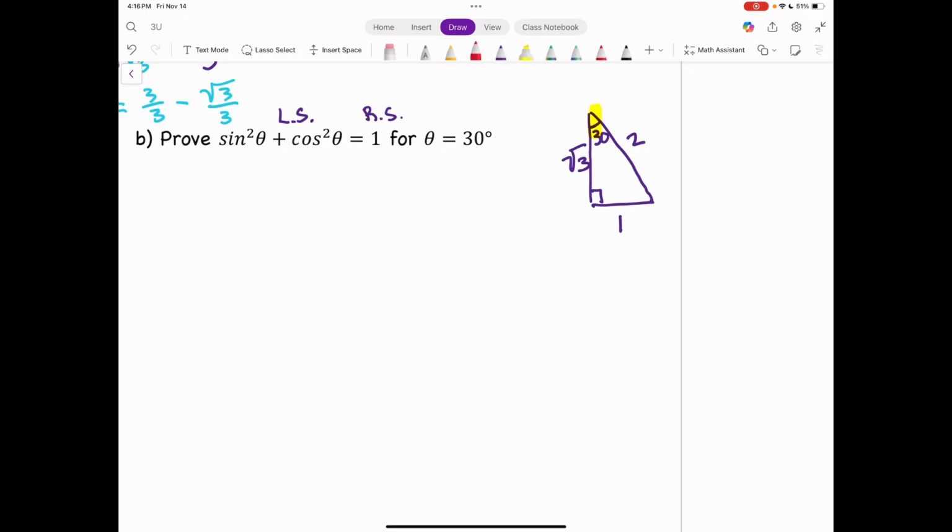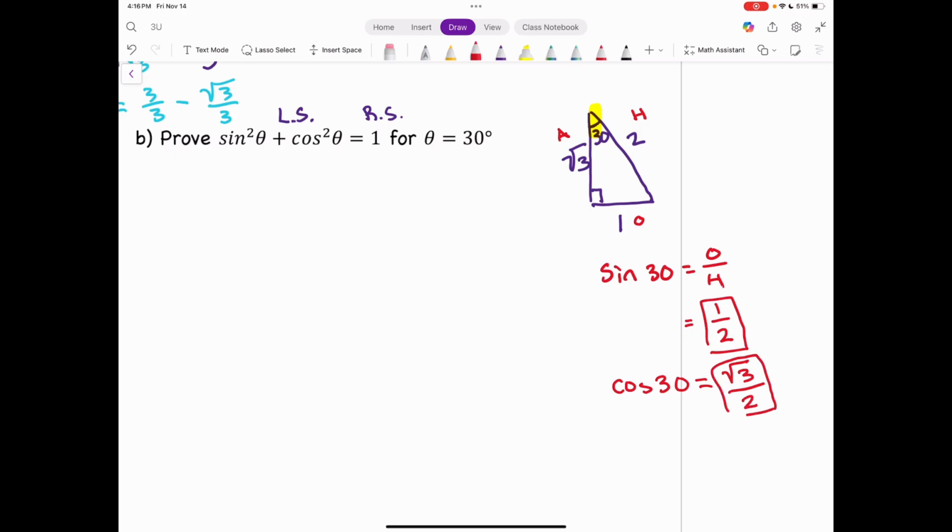Go ahead and figure out, first of all, what sine at 30 degrees is. Opposite over hypotenuse in this case is 1 over 2. This is my exact answer for sine at 30. Let's figure out cosine at 30 is adjacent over hypotenuse. So adjacent in this case is the square root of 3 over my hypotenuse, which is 2.